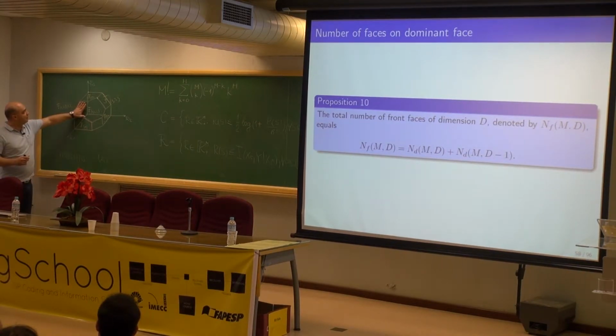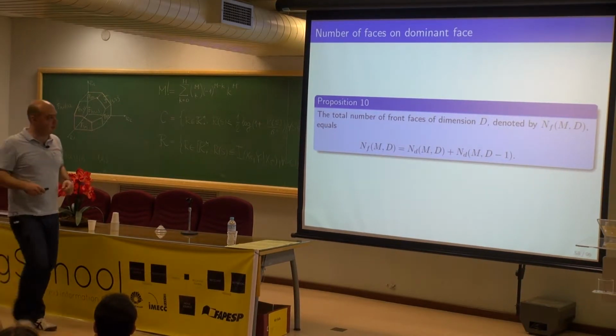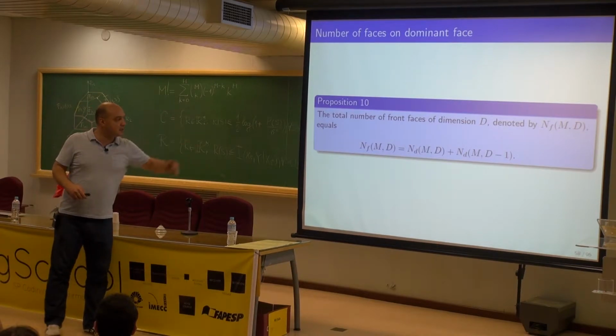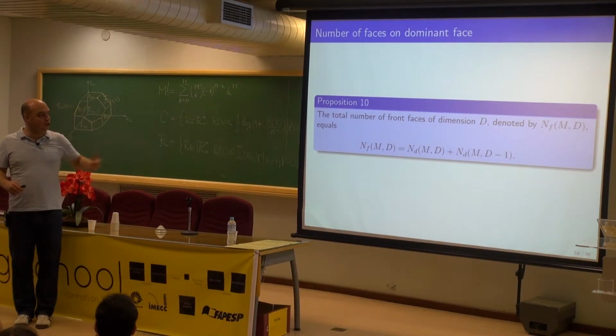If you go from this spot here, you have a two-dimensional region, and you're on the dominant face. If you continue, you have a one-dimensional region, you're on the dominant face. And magically, everything is dominant face, except the origin. The origin is the last vertex where we arrive.